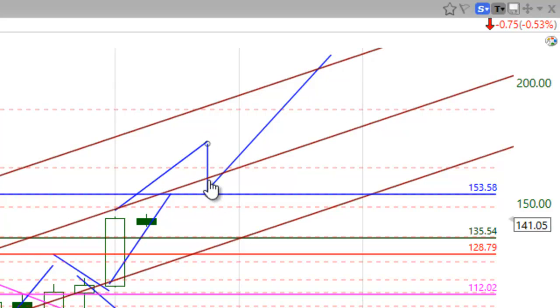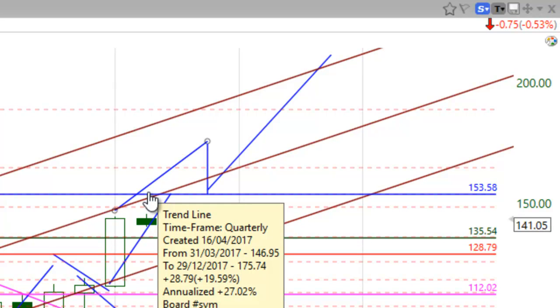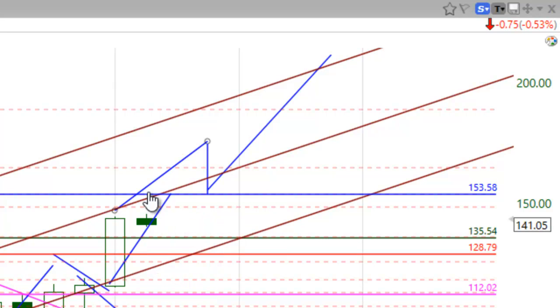So the only time, talking about my opinion, not financial advice, I'm not a financial advisor, in my opinion, the only time I personally will be a little bit bullish is when Apple Stock finds a clear-cut support above $153.58.